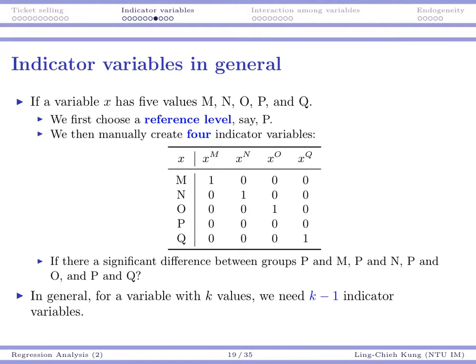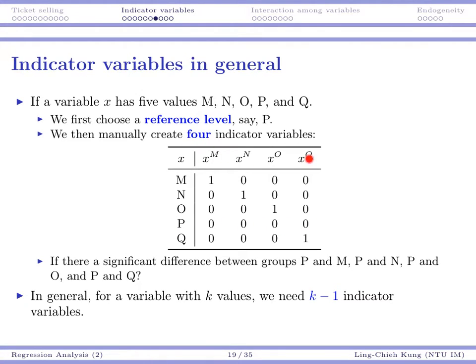So, in general, if our variable has 5 different values, we will still choose one reference level. Let's call it P. Let's say we choose P as our reference level. Then, in this case, we need 4 indicator variables, 1 for each non-reference value. And then, the reference value will always be 0.